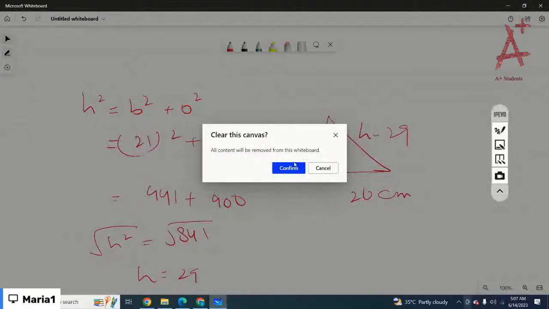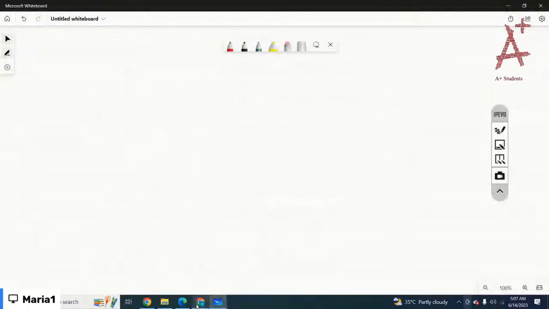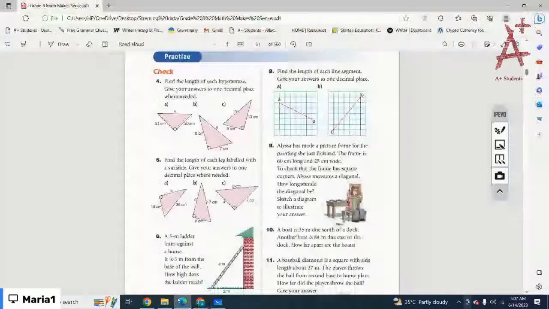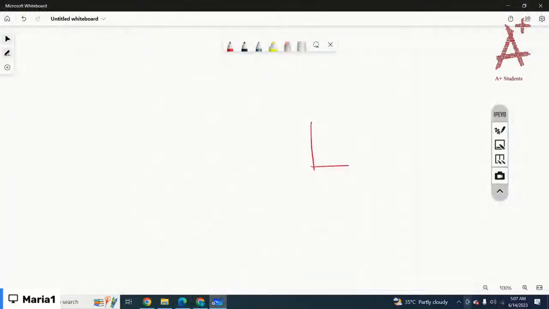A, 30 and 18. Got it? You have to find A. That means one of the sides is missing.